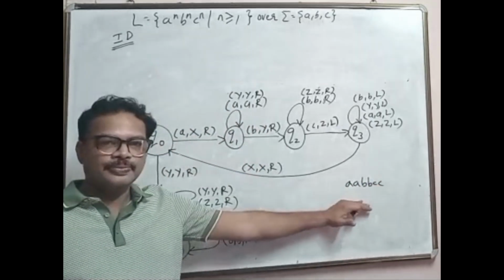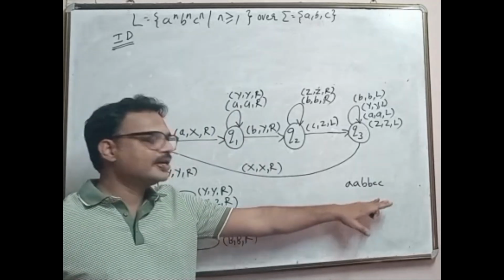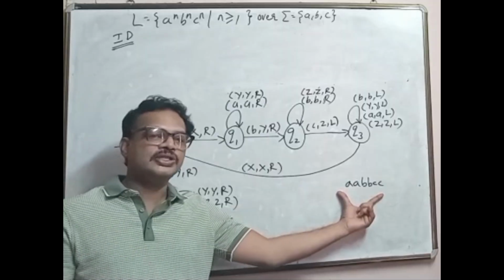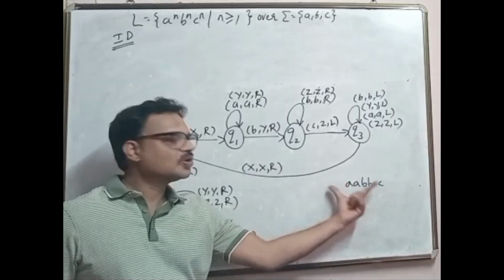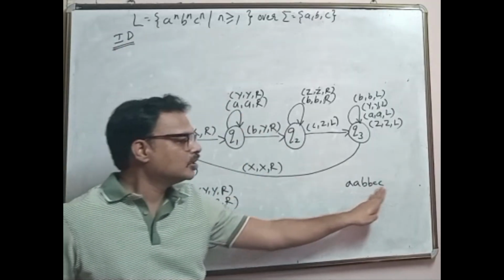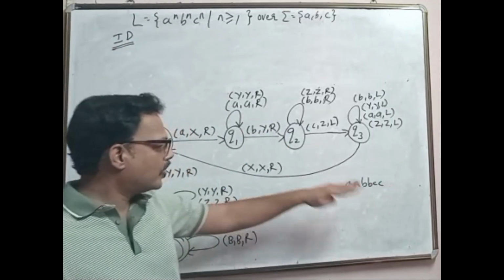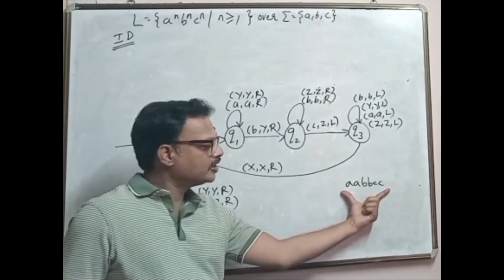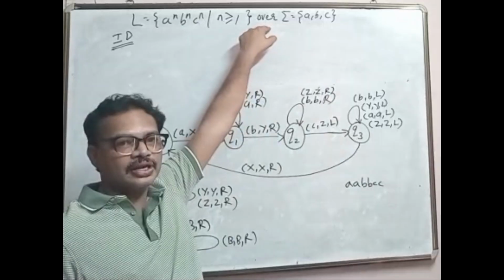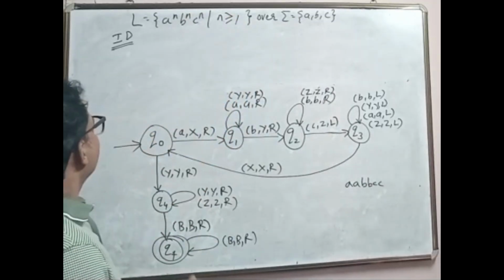Sometimes in the question they specify, write instantaneous description for so and so string. Sometimes they won't specify. In that case, you are supposed to assume that I am going to write instantaneous description for so and so string. Now, for our discussion, let this be the string AABBCC, which belongs to this particular language. Okay. Now, how to write?